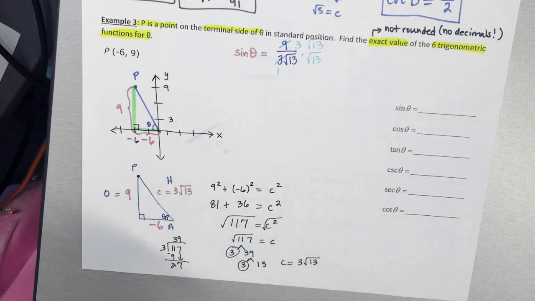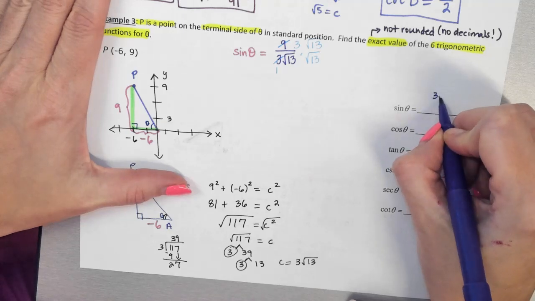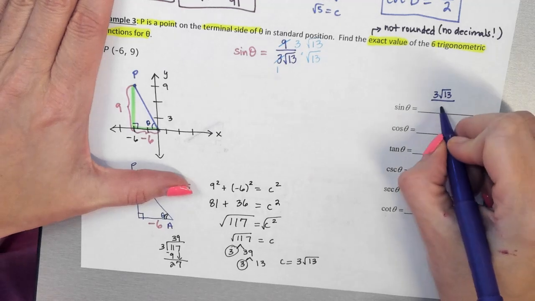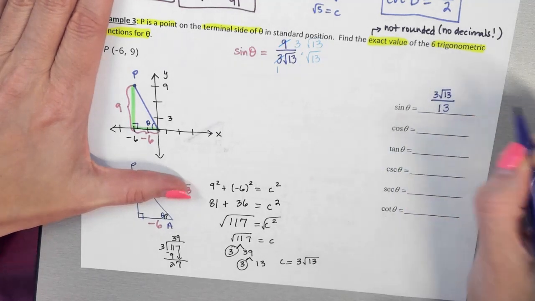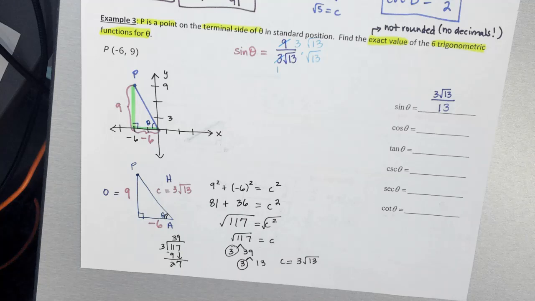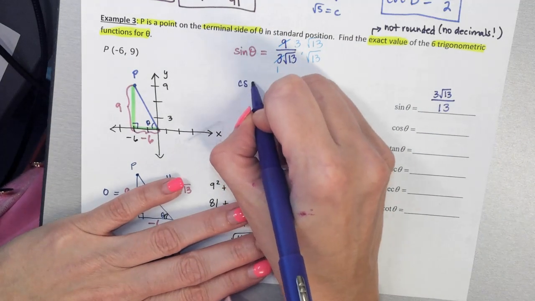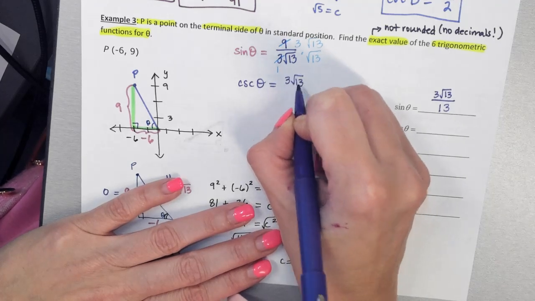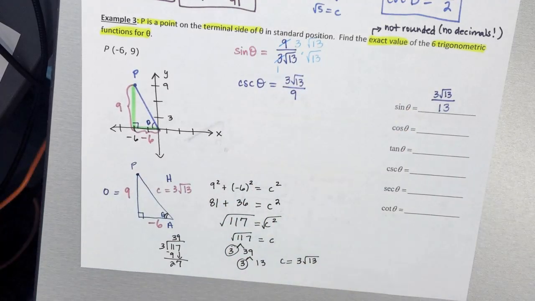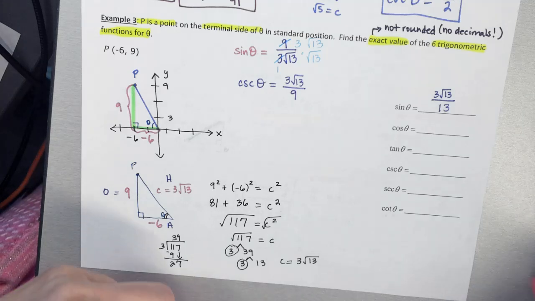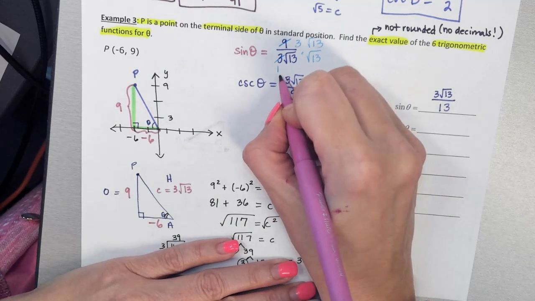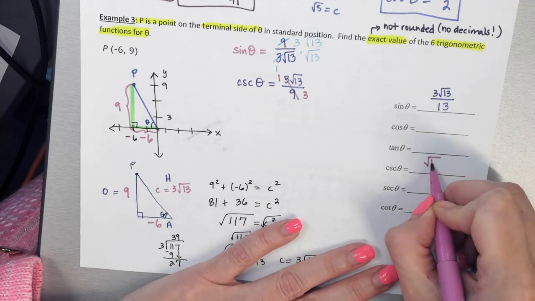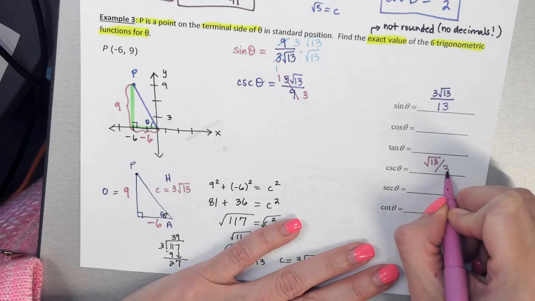So for the sine, you're going to have 3 root 13 on top divided by, what's root 13 times root 13? 13. Okay, from there, I would do the cosecant, because the cosecant is just going to be this guy flipped over. And 3 goes into itself once and 9 3 times. So the cosecant is root 13 divided by 3.